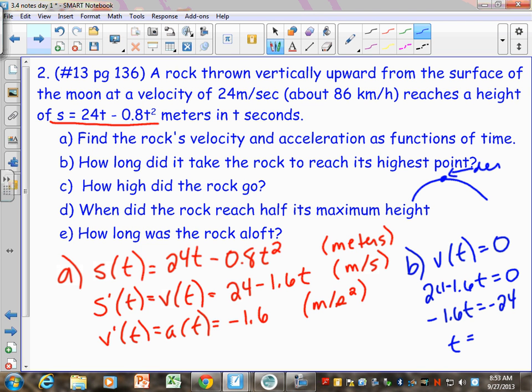I got 15. Did you get that? Or do you agree that that's what I would do? And we're talking about time here, so we would say that that would be 15 seconds. Which is just really nice. It's a nice thing to do to solve that problem. What about part C? Part C says, how high did the rock go?